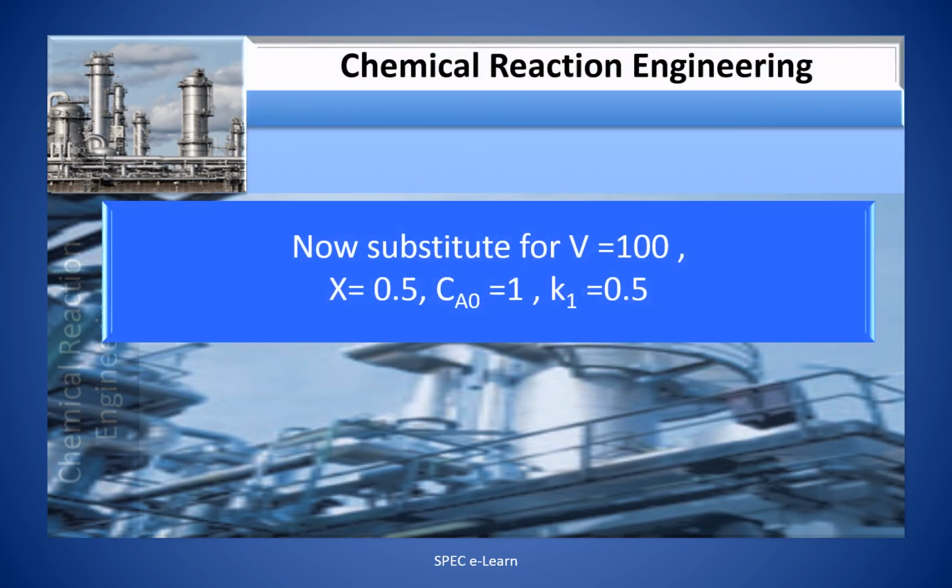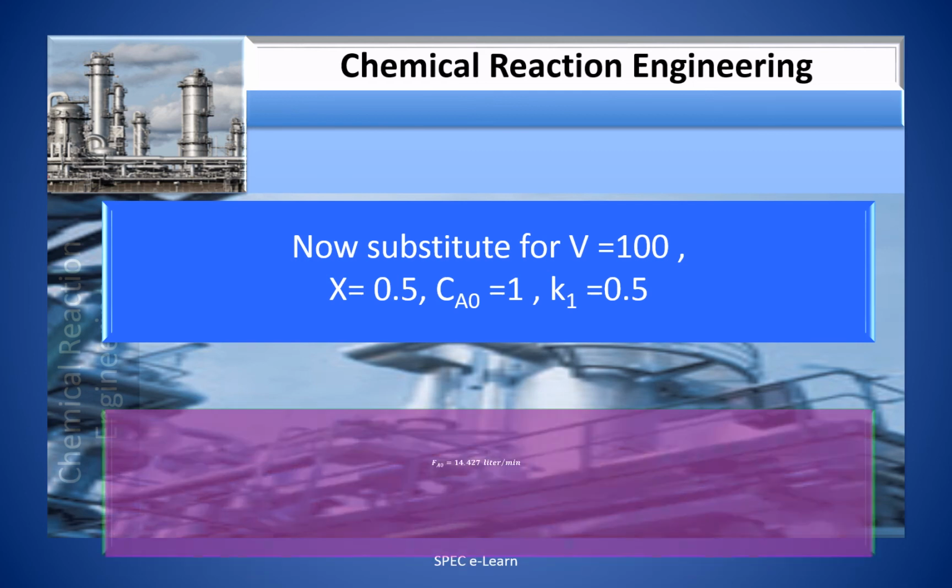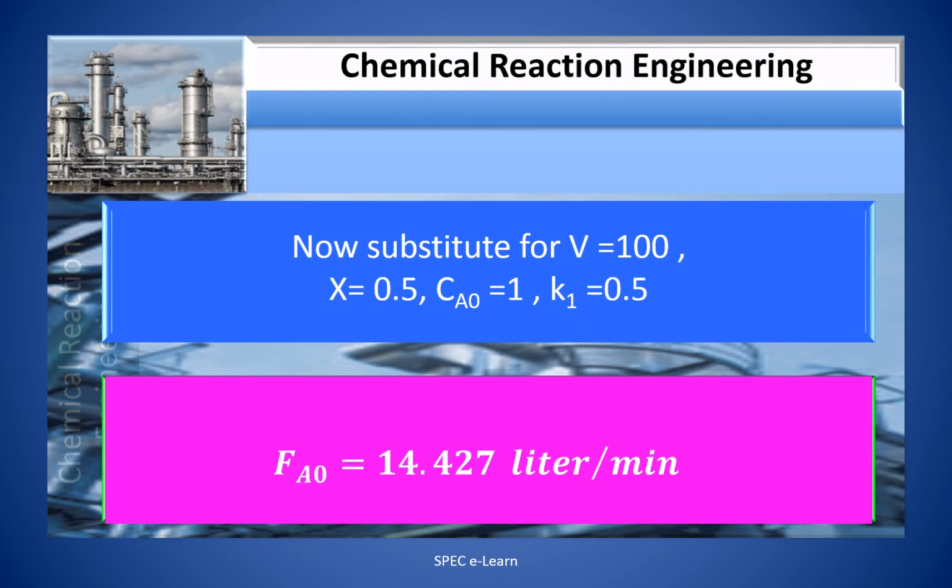Now substitute V equal to 100, X equal to 0.5, Ca0 equal to 1, k1 equal to 0.5. We get Fa0 equal to 14.427 liters per minute.